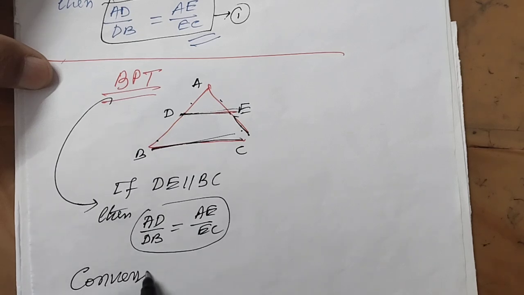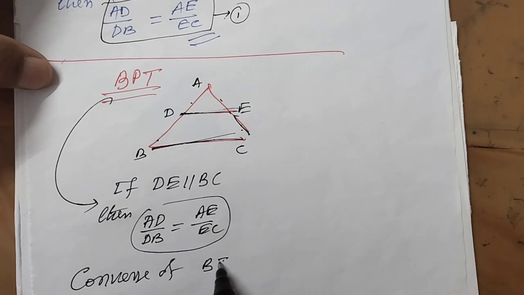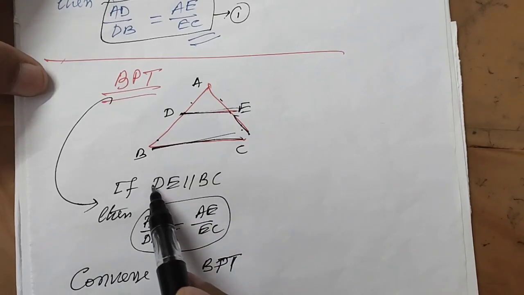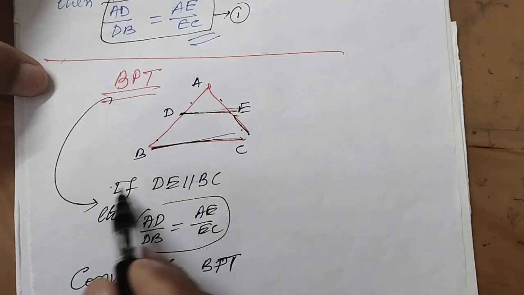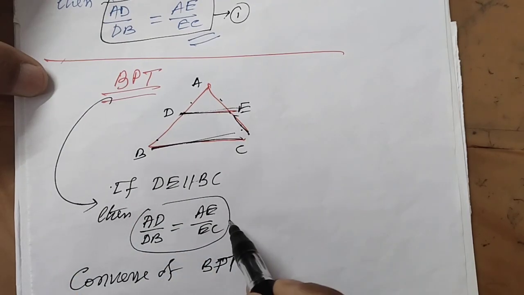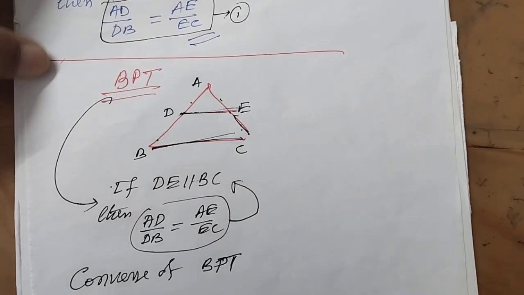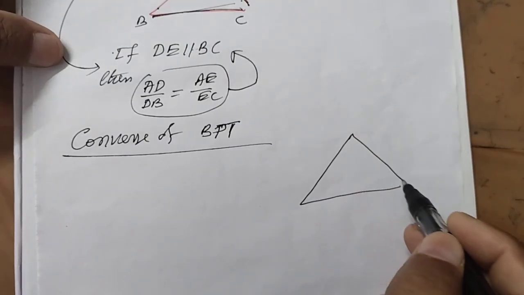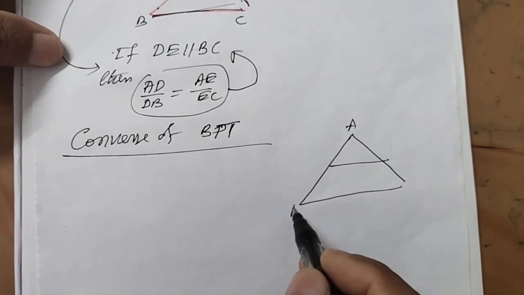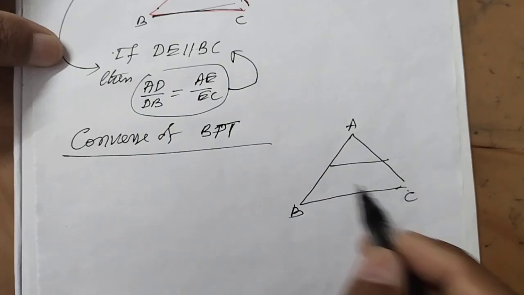That is called the converse of BPT. If you just reverse the condition: here, if parallel then ratio equal. Now we'll just reverse it: if ratio equal then parallel. Converse of BPT. Same diagram I am drawing again, ABC, DE.